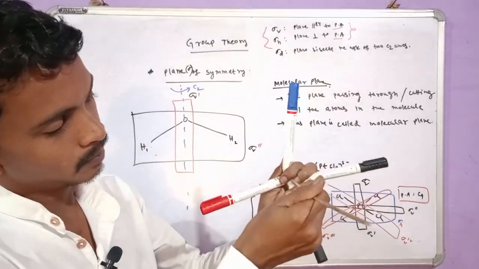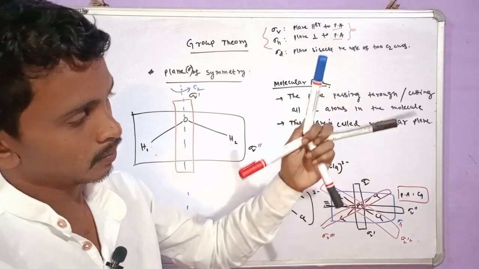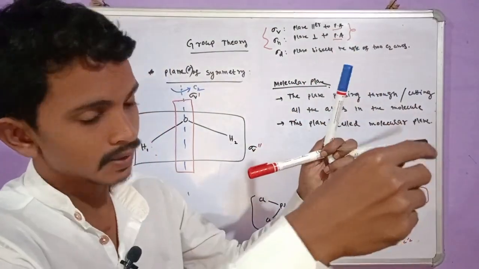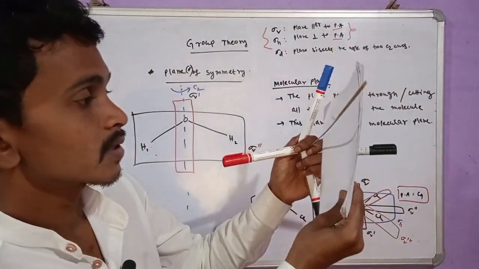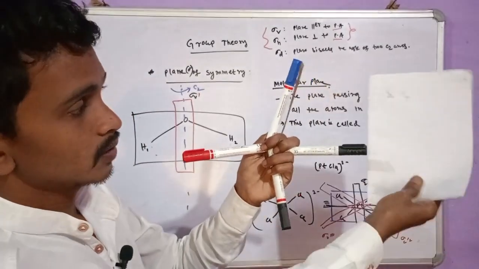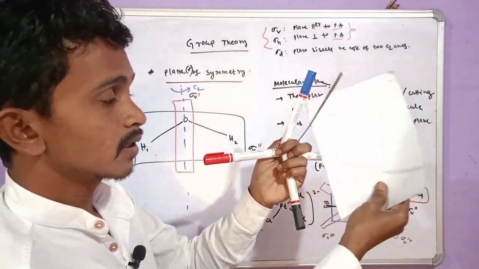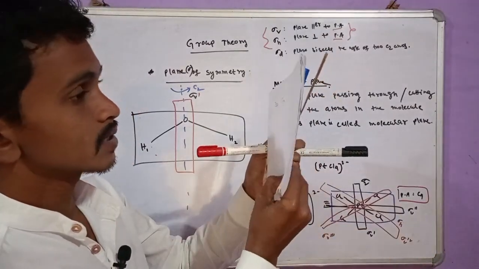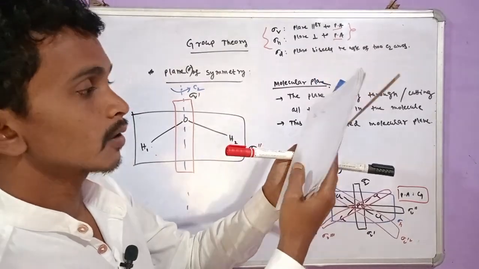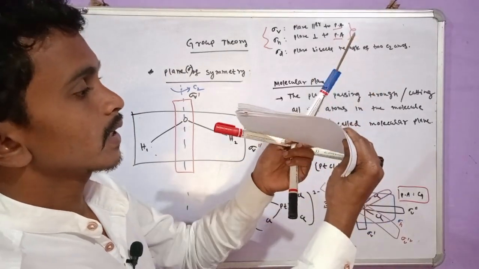Like this, if this is our vertical plane and this is our principal axis, then if I cut like this it is also parallel to the principal axis. This one, which cuts all the atoms here, is perpendicular to the principal axis, so this is sigma h. If I cut like this, it is also parallel to the principal axis, and like this, also parallel.